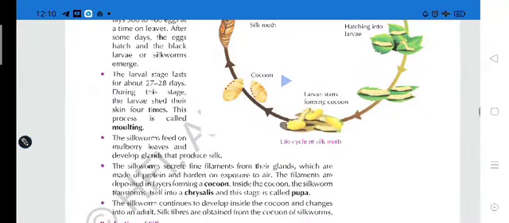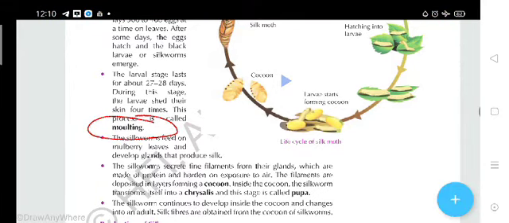And the third one, the larval stage lasts for about 27 to 28 days. It means, students, that the duration of the larval stage is what? 27 to 28 days. During this stage, the larva sheds its skin four times, and this process is called molting. Students, molting is a process in which an animal changes its skin again and again.